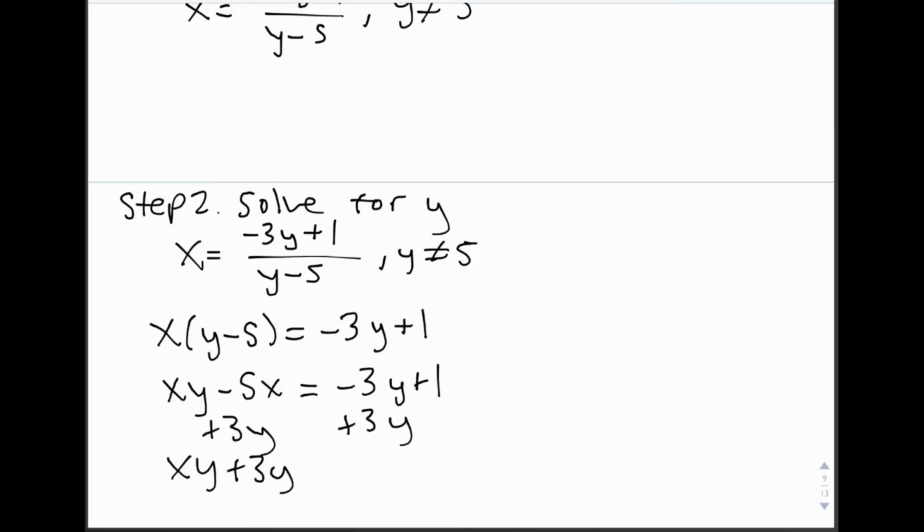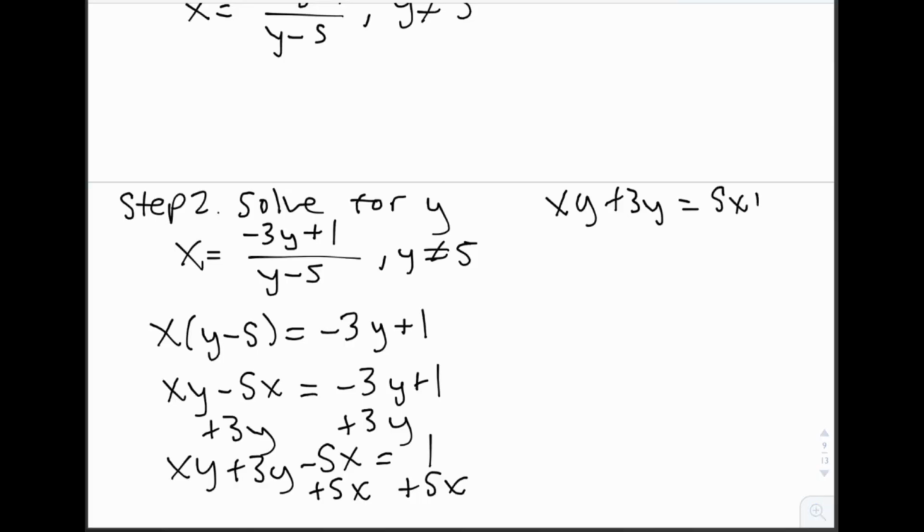So that should give us xy plus 3y, and then finally minus 5x. And that's going to be equal to a positive 1. And essentially, what we want to do is get that 5x over to our right-hand side. So let's go ahead and add a positive 5x. So that gets me xy plus 3y is equal to 5x plus 1.